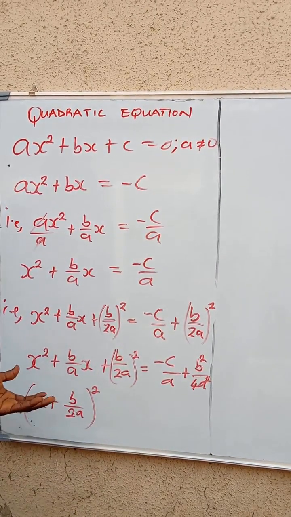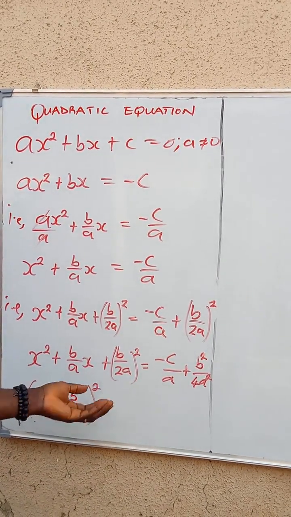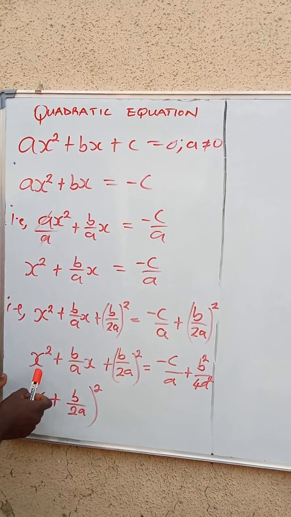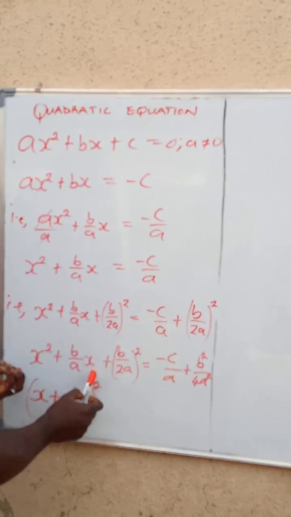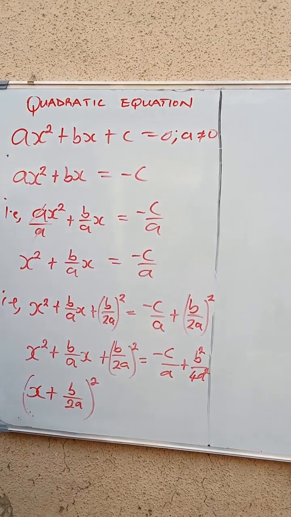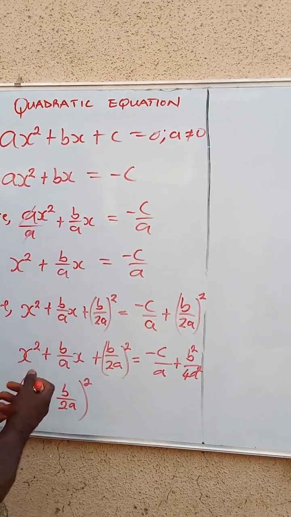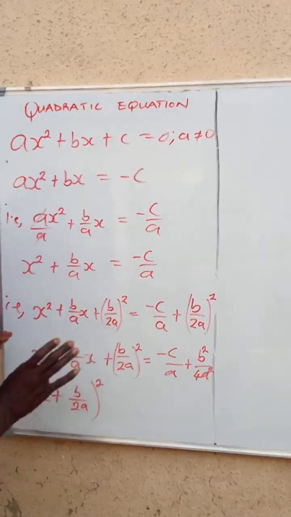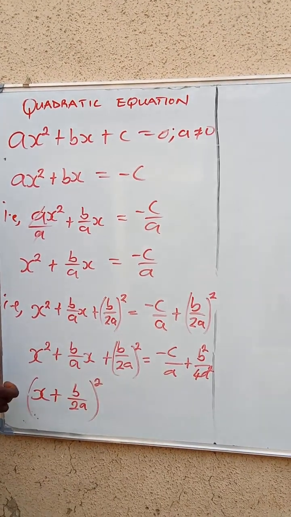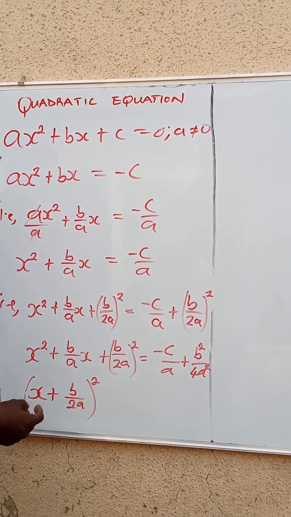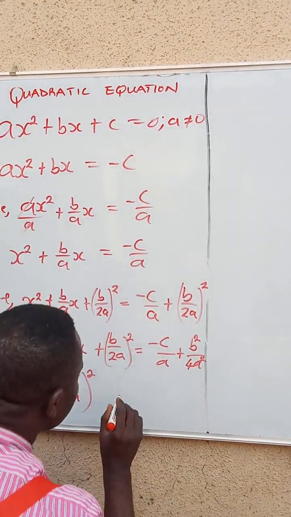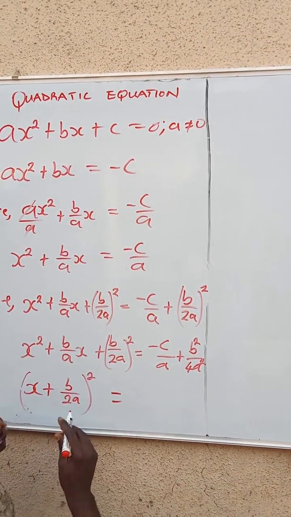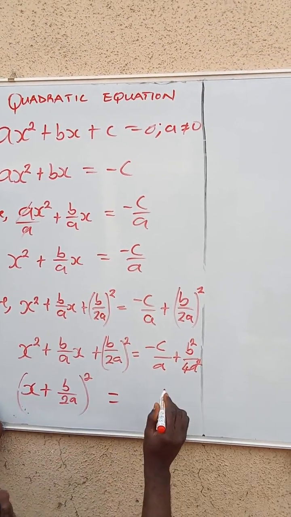Now there's one beauty of this thing here. If I open this, I'll have x squared plus b over a x plus b over 2a all squared. But the easiest thing for you to do is to check the ones that have the same power, which is 2 and 3 here. Put them together, you get this middle one. Time will not permit me to start opening it for you.